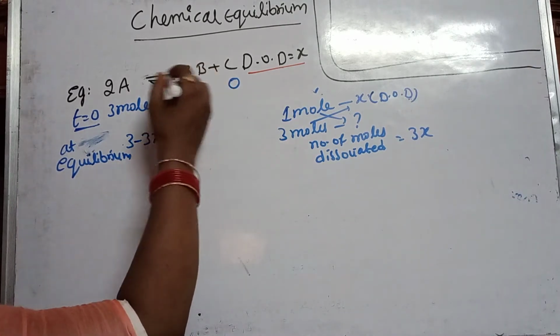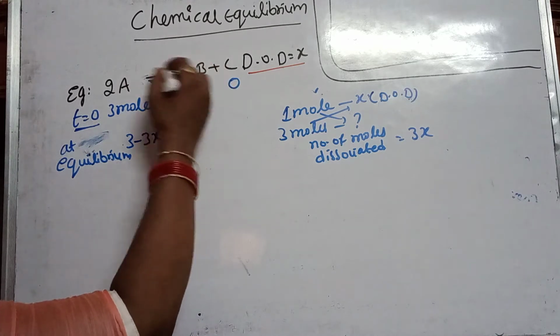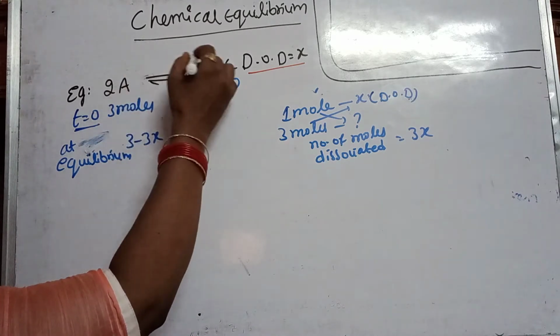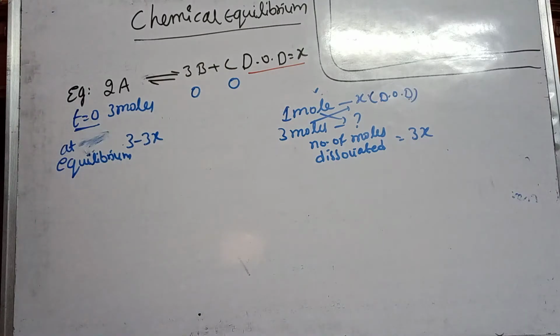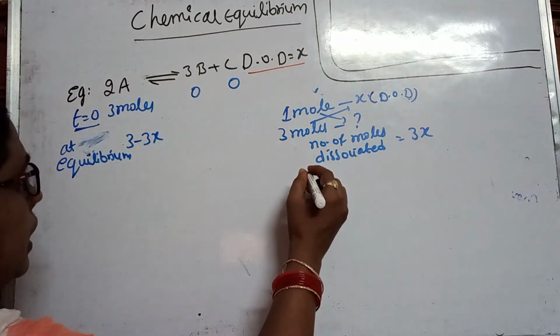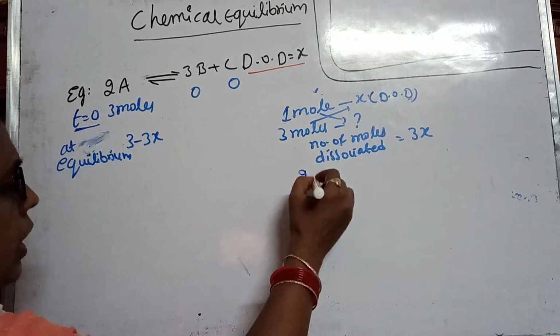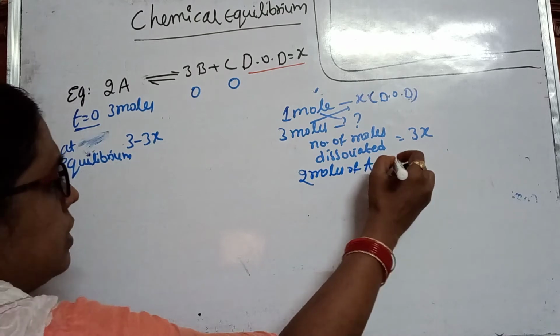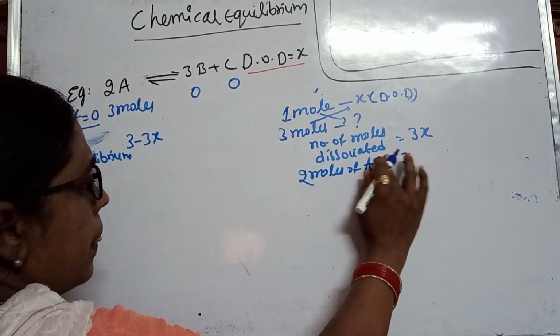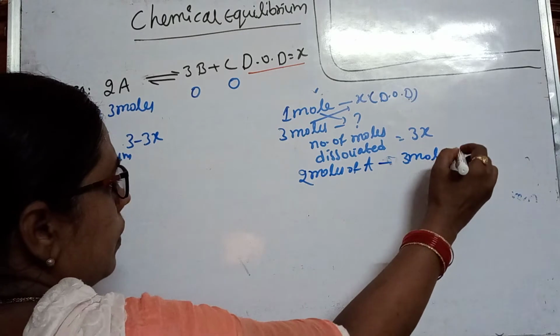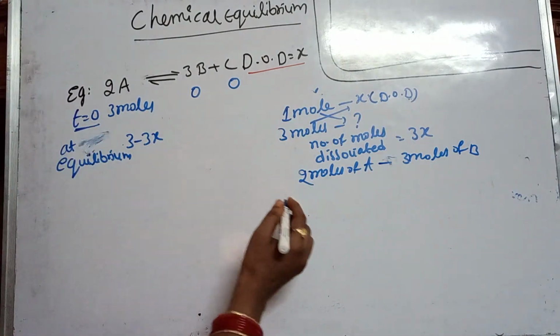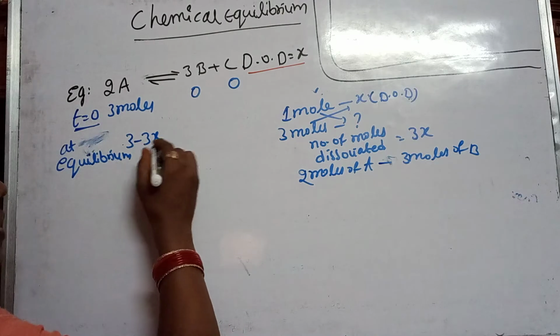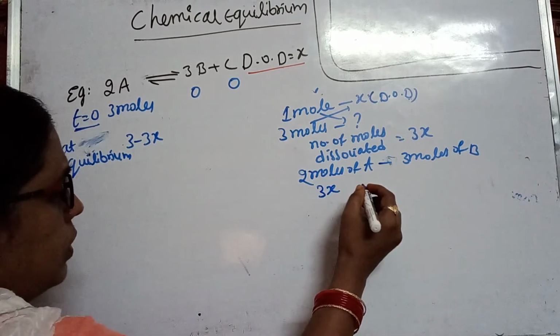And next, see here, what happens: 2 moles of A forms 3 moles of B. According to the equation, 2 moles of A forms 3 moles of B. So for the next one, how many moles are dissociating here? 3x moles.